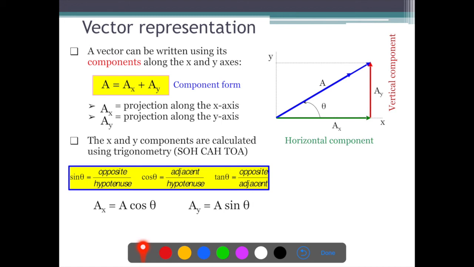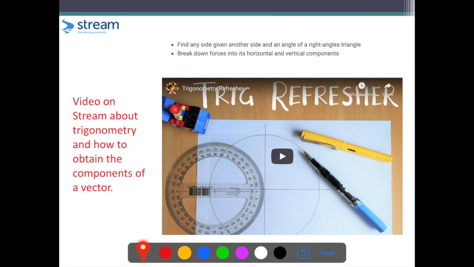How to find the horizontal and vertical components? You'll need to use some trigonometry given the angle theta. And that's the subject of the video on Stream on the trig refresher. I would direct you to the video on Stream about trigonometry and about how to obtain the components of the vectors.